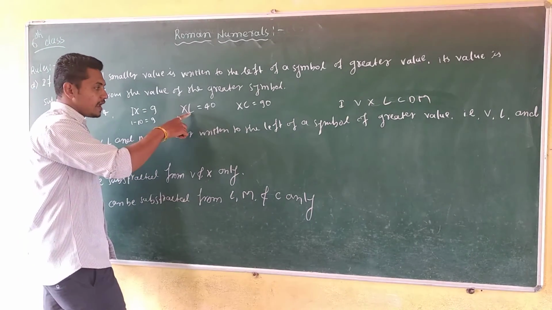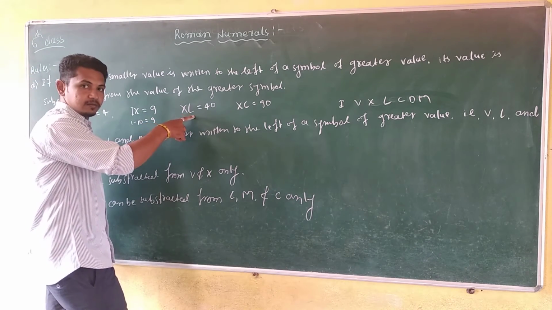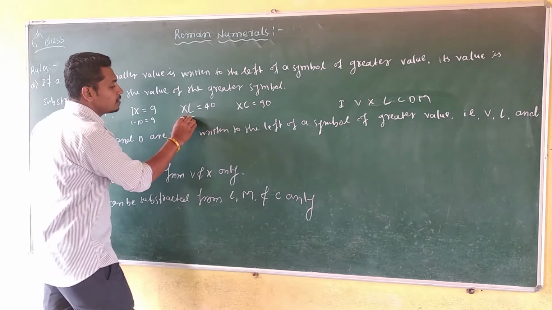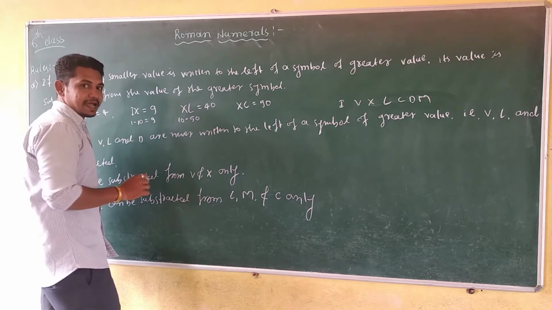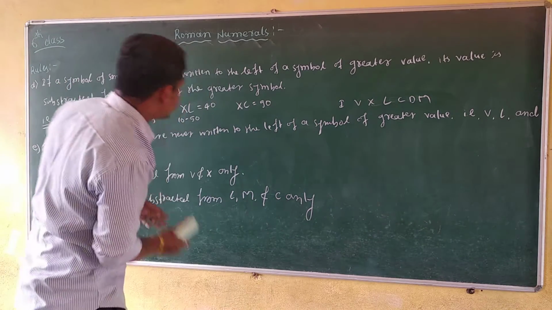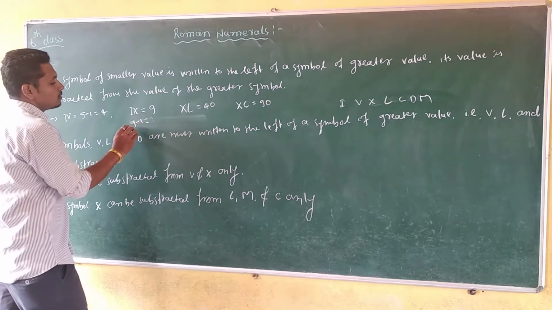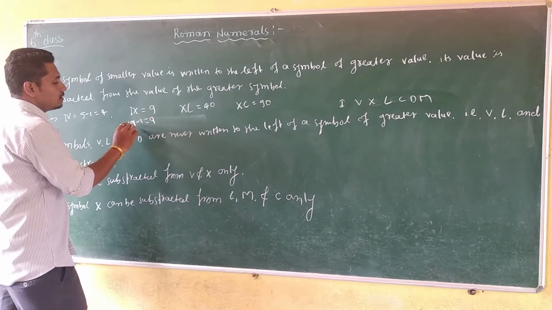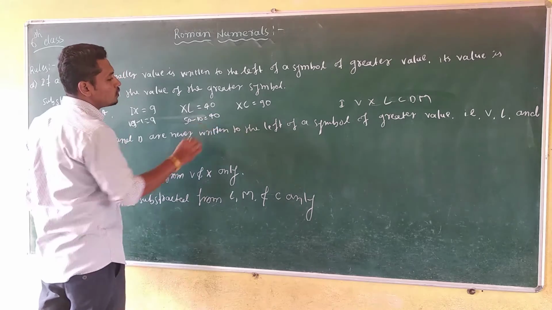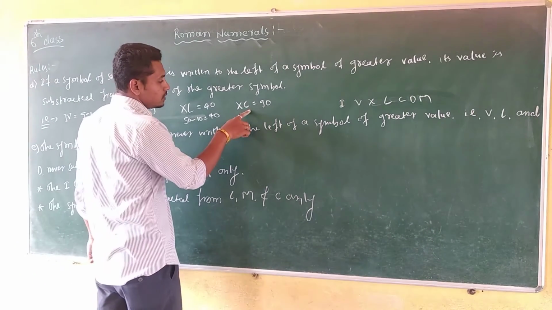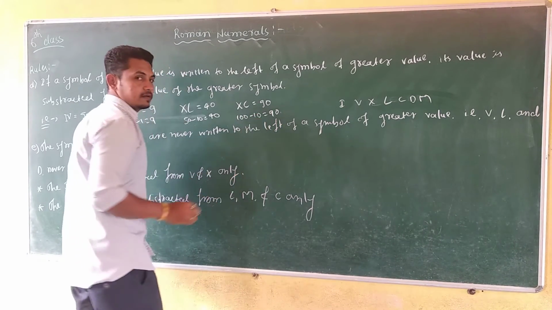X is smaller than L and X is placed to the left of L. The value of L is 50 and the value of X is 10 which is subtracted, so 50 minus 10 is equal to 40. Here also the same: the value of C is 100, minus 10 is equal to 90.